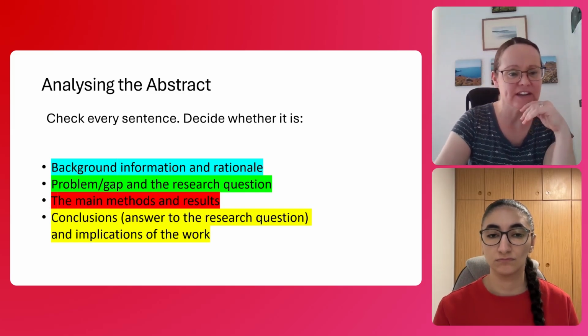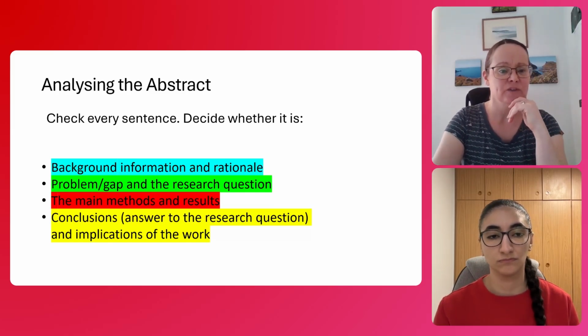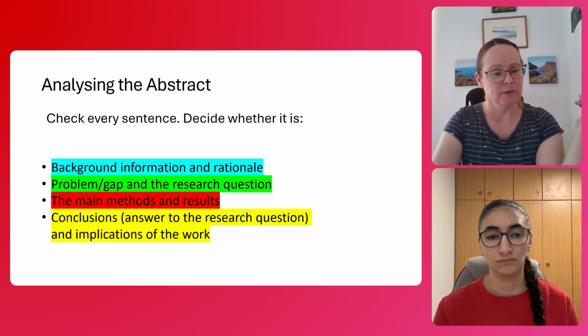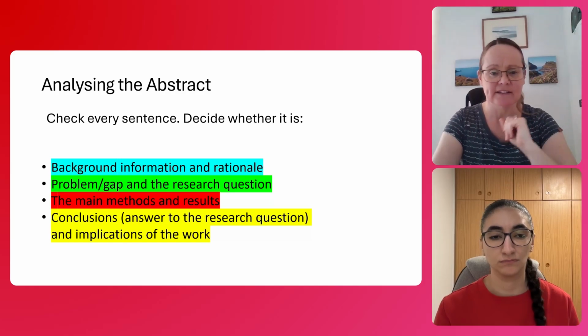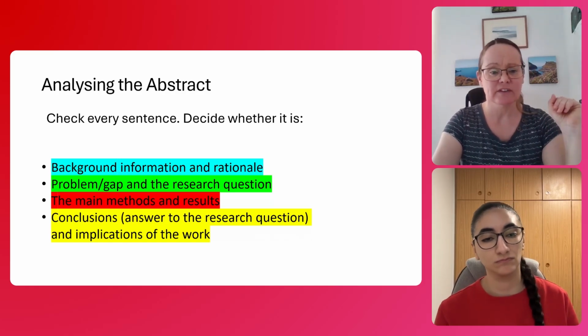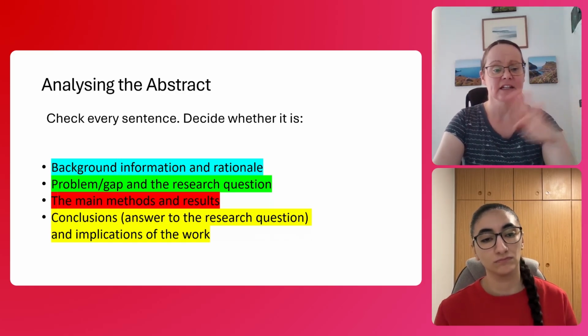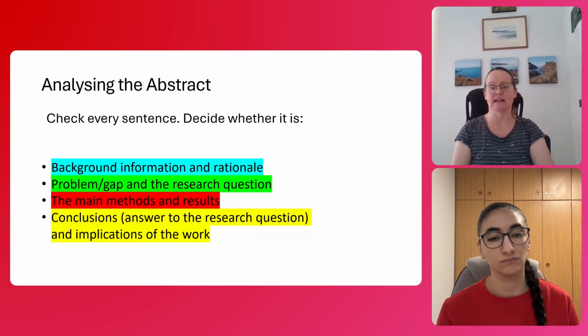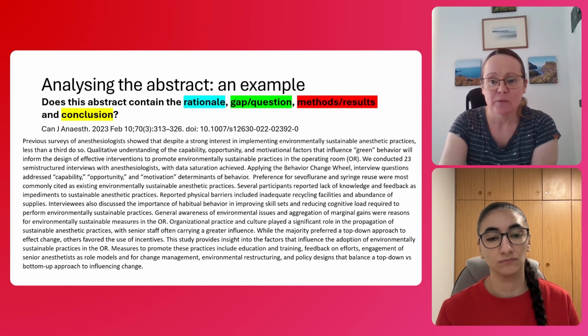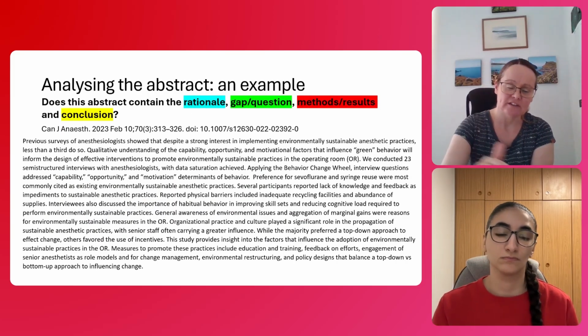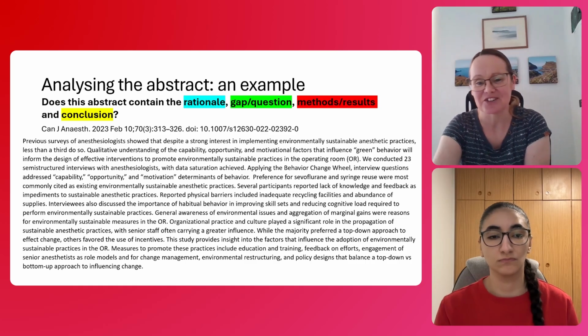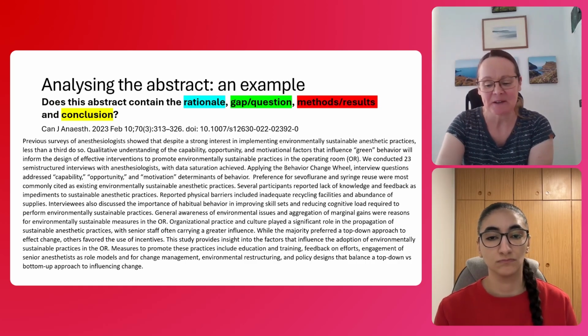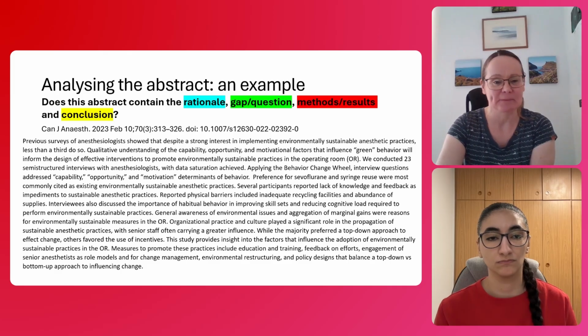So they look at their abstract, they decide whether it's background information and rationale, they highlight it blue, whether it's the problem or the gap or the research question, they highlight it in green, methods and results, we highlight in red, and any conclusions and implications, we highlight in yellow. And then we can see, no need to read this abstract through just yet, you can at your leisure. I just wanted to show you how this works in theory.